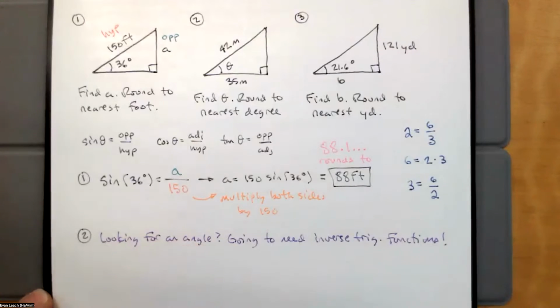So it's good to have these thoughts at the beginning of the problem. Keep things organized. Make a note: when we're looking for an angle, we're going to be using inverse trig functions.